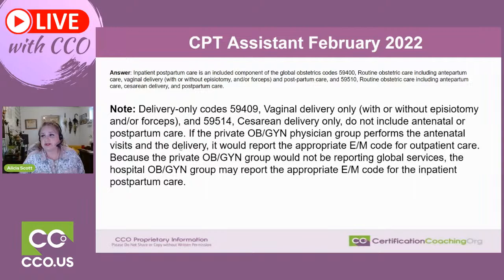If a private OBGYN physician group performs the antenatal visits and the delivery, it would report the appropriate E&M code for outpatient care, because the private group would not be reporting global services, and the hospital group may report the appropriate E&M for the inpatient postpartum care.